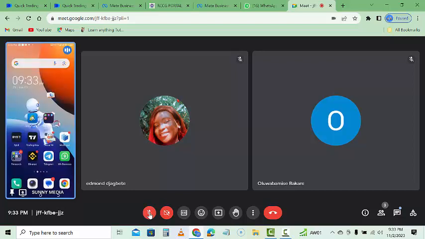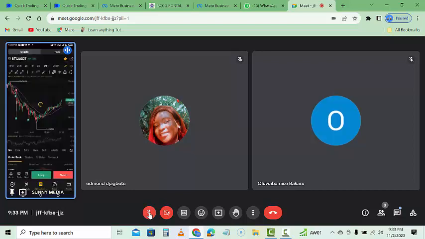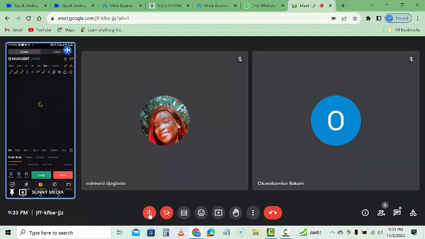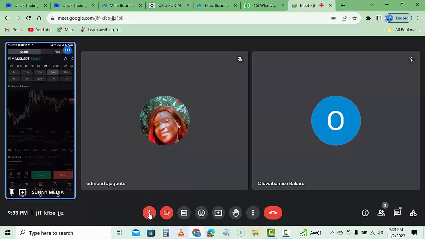What is on top gainer? On Bybit, we have MASK on the top gainer, which is already dropping.